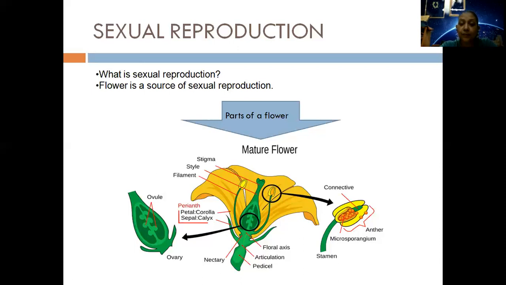To make the flower so attractive that pollination takes place. You might have an idea of what pollination is, which we would study ahead, but you need to understand what sexual reproduction is. Sexual reproduction is a method wherein a male gamete and a female gamete fuse together to form a zygote.